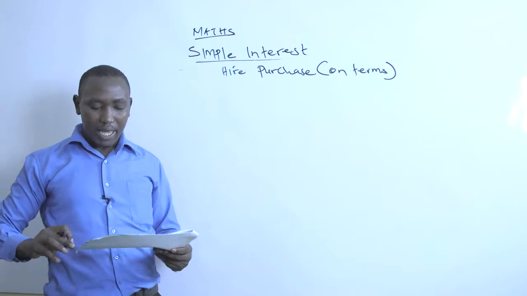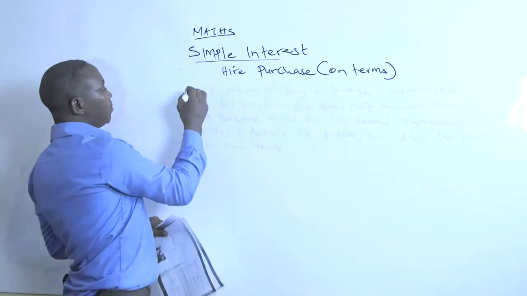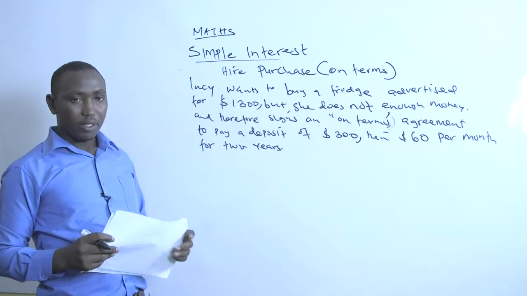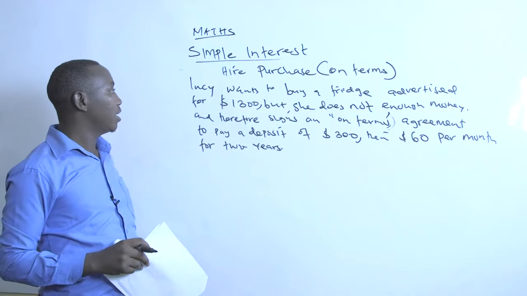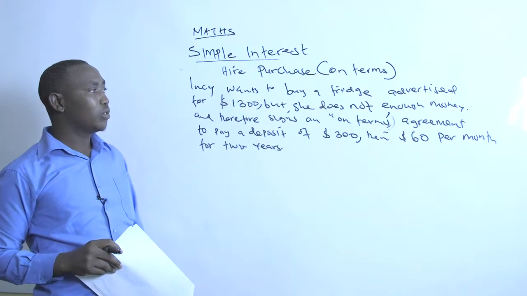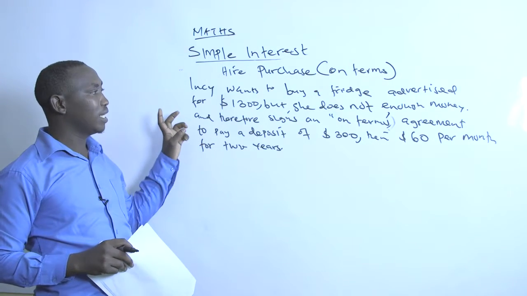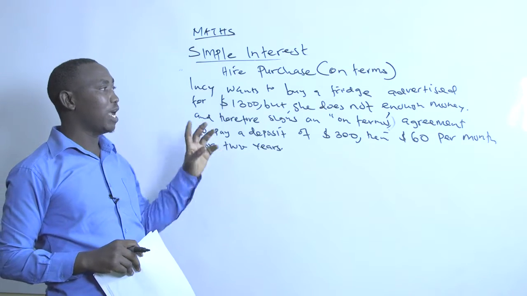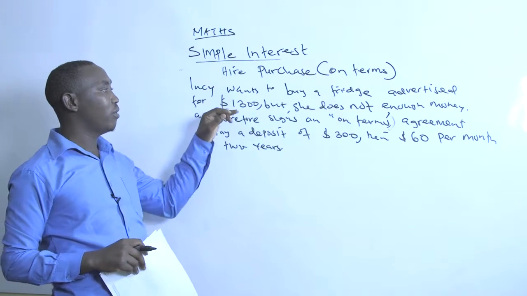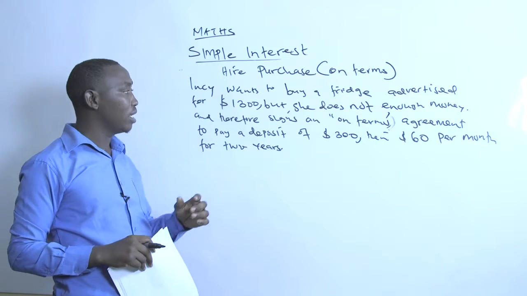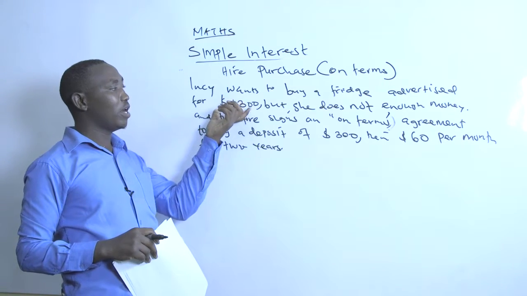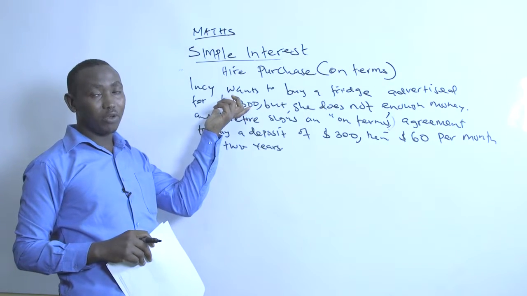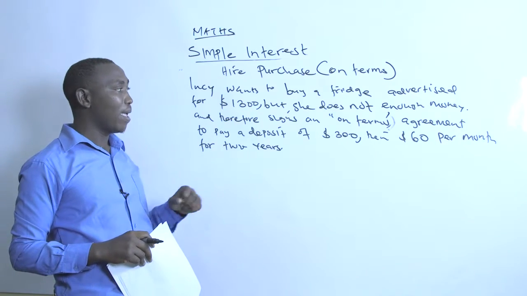We're going to consider a case of Lucy. For this particular question, we are told that there's a fridge which has been advertised at a cost of $1,300. Note that this $1,300 is the cash price of that particular fridge.